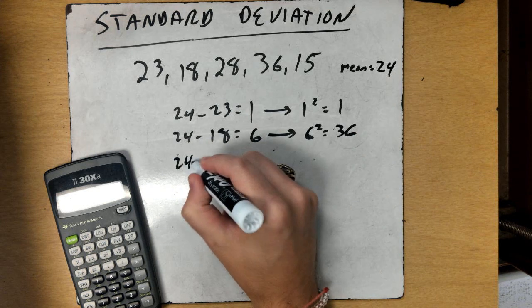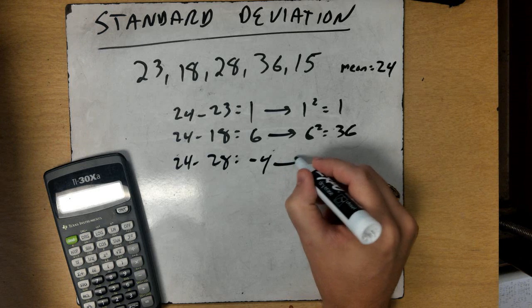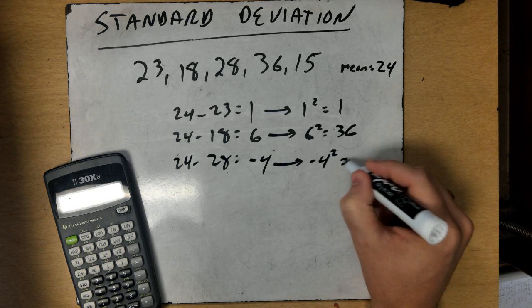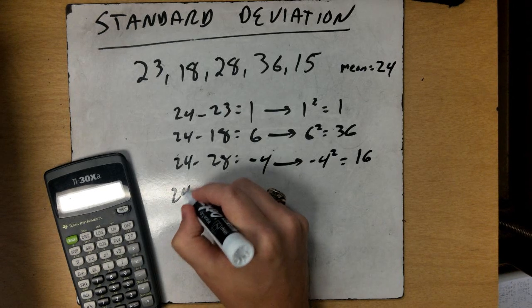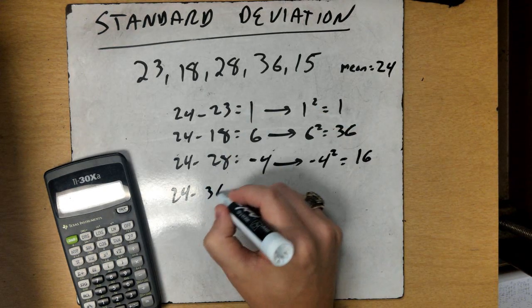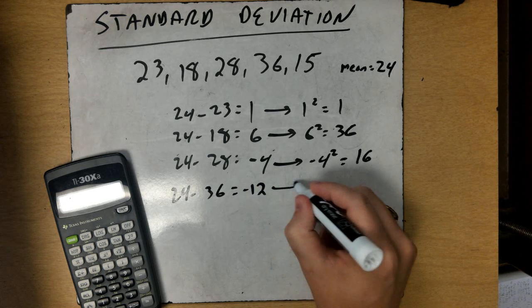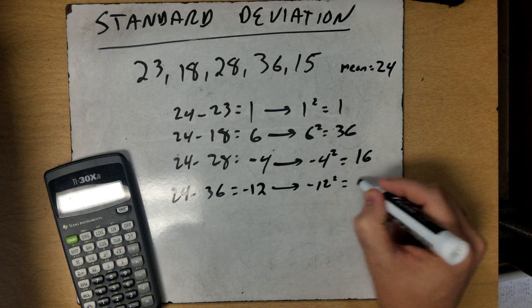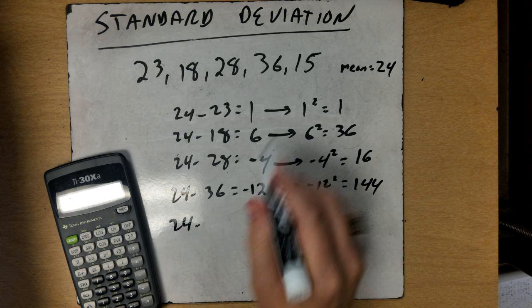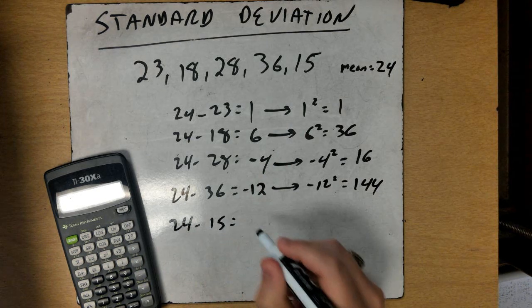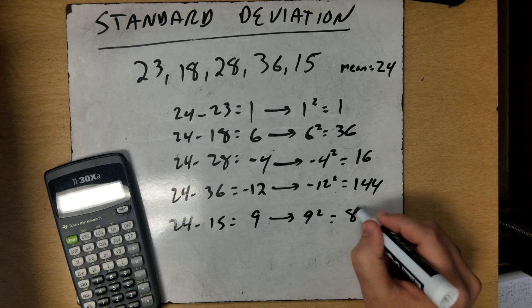Next, 24 minus 28 equals negative 4, and negative 4 squared equals 16. 24 minus 36 equals negative 12, and negative 12 squared equals 144. And last, 24 minus our last point, 15, equals 9, and 9 squared equals 81.